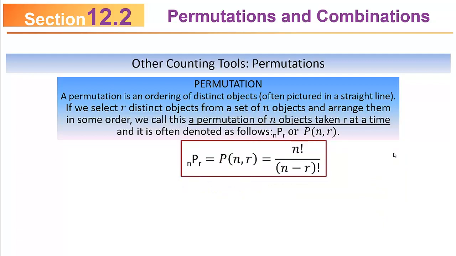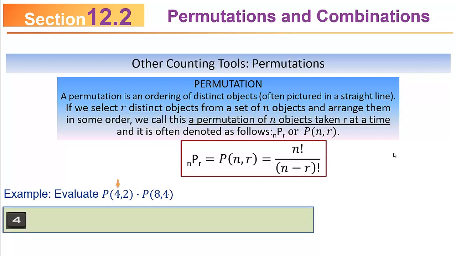So a very important formula. This is the formula for the permutation of N things taken R at a time. Just to practice, if I ask you to evaluate the permutation of 4 things taken 2 at a time times the permutation of 8 things taken 4 at a time, you would calculate the permutation of 4 taken 2 first, which is 4, Shift 1, press 2, then you want to hit equal.